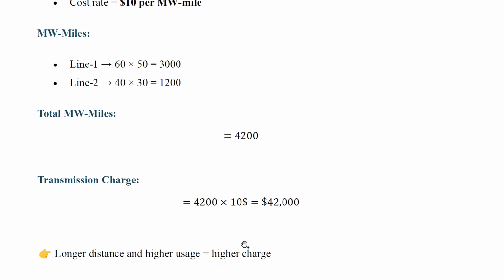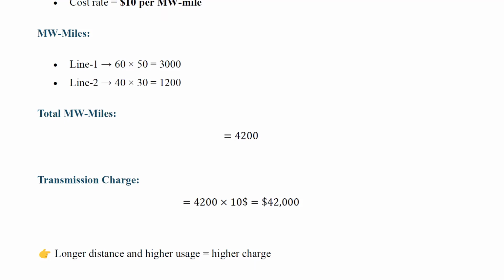But usually transmission will be over longer distances and higher usage, so this is one of the limitations of the megawatt mile method. Even though the limitation is there, it follows the power flow analysis. If you go for a long distance, you need to pay more, and if the megawatts sent are more, you need to pay more.